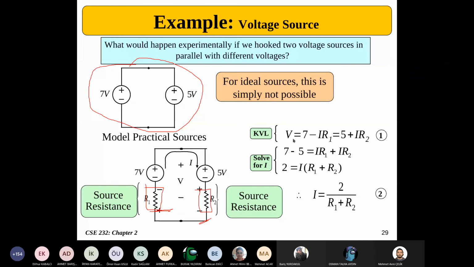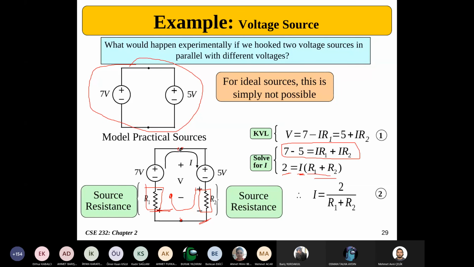If you just use KVL, you'll be able to say that the voltage across these two terminals is +7 -5 times the current passing through these two, multiplied by the summation of those. And if you do those calculations, just subtract 5 from 7, you'll end up with 2. Now, that is the current I can easily calculate if I knew the values of R1 and R2.